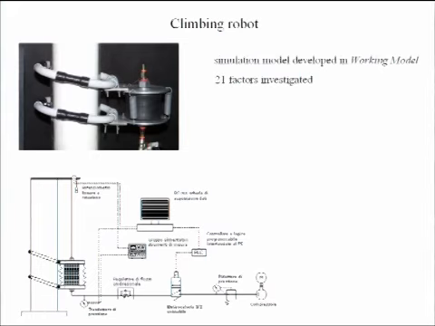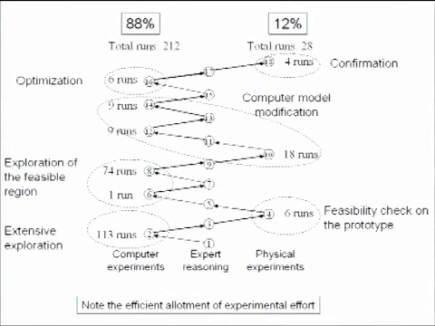So this is the lab setup. This is the robot in the lab. We have developed a simulation model in a known program for mechanical design. We have investigated 21 factors. This is the overall structure of the investigation. On the right, we see physical experiments and the computer experiments.